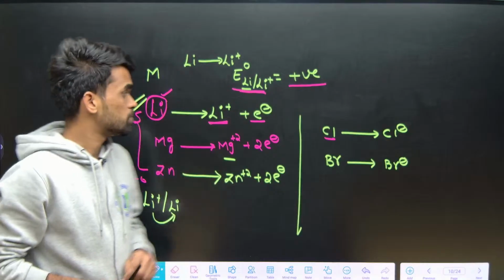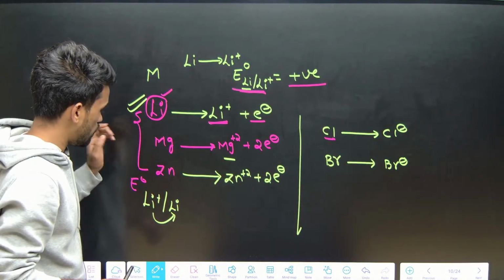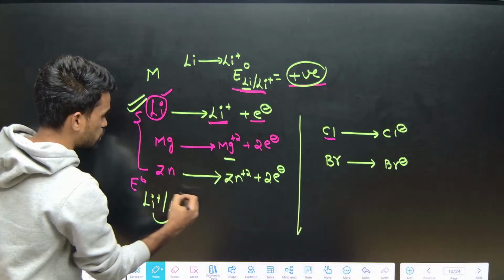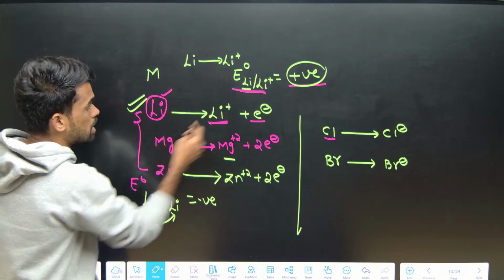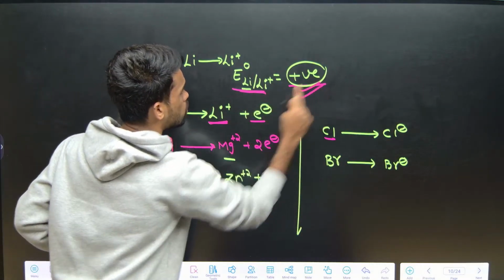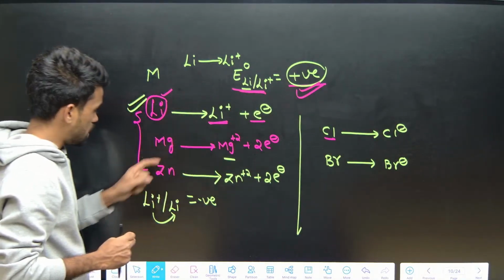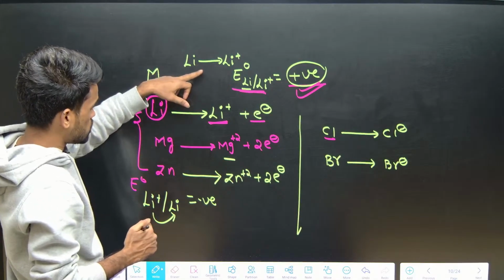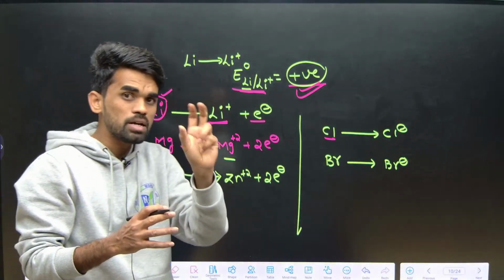For all these metals, the oxidation potential will be positive and the reduction potential will be negative. It means all these metals have more tendency to undergo oxidation, which is why their oxidation potentials are positive and reduction potentials negative. Remember, their oxidation and reduction potentials have the same magnitude but opposite sign.